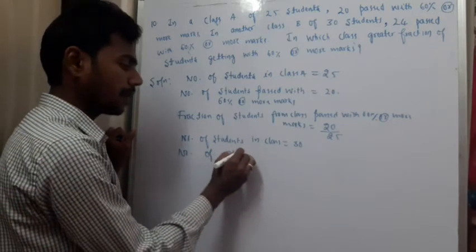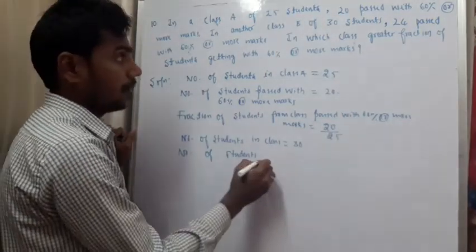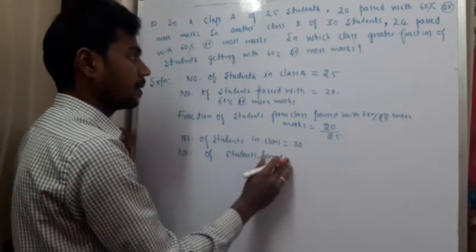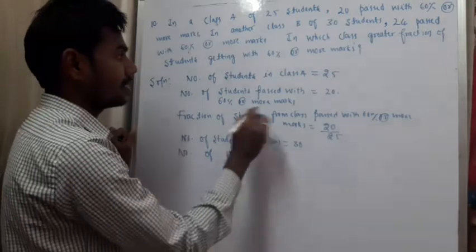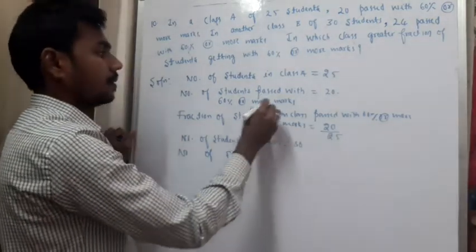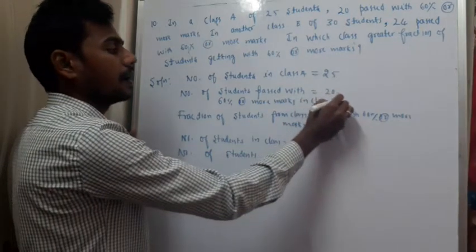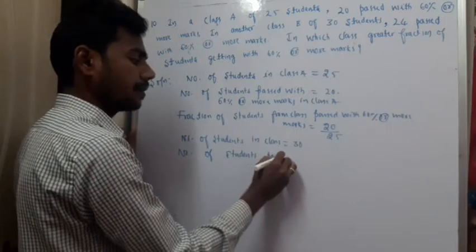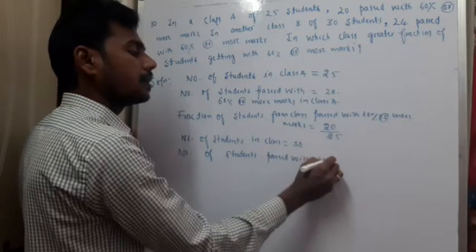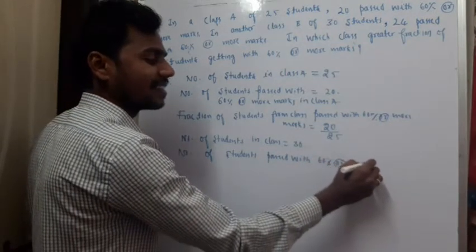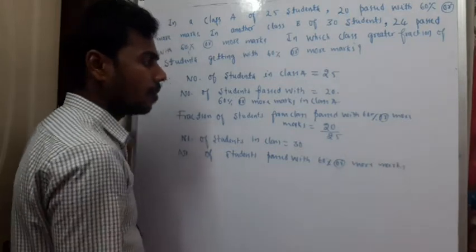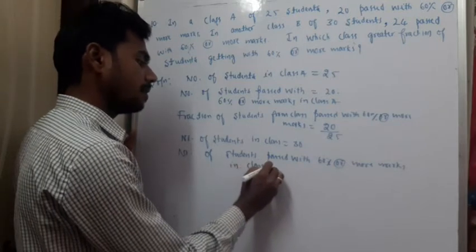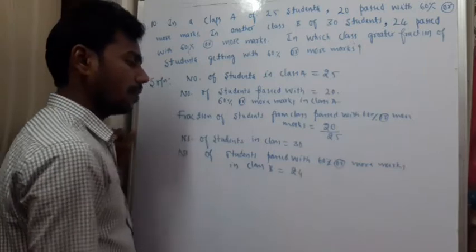Number of students passed with 60% or more marks in class B is equal to how many? 24.